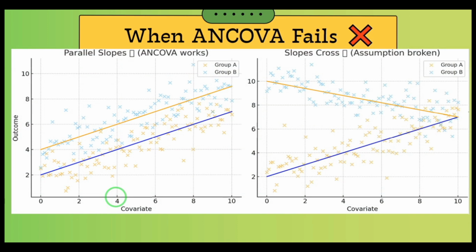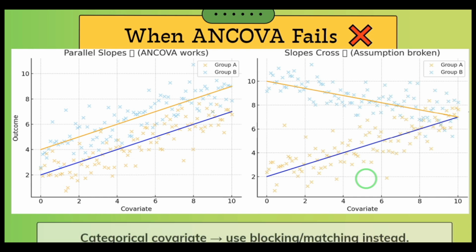Look at the left plot, and you see all groups have parallel slopes. That's the situation where ANCOVA works. But on the right, you see the slopes cross each other, and here the effect of the covariate depends on the group. So in this case, ANCOVA's assumption is broken, or as we say, violated. So the results would be misleading.